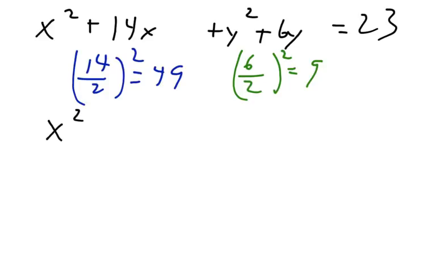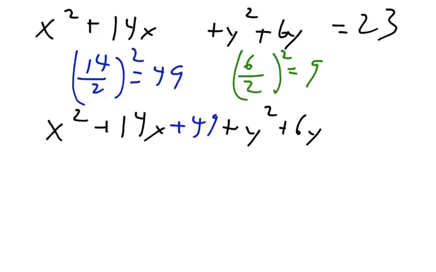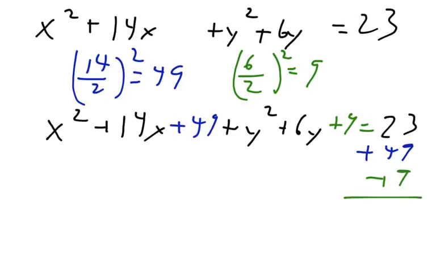So we got x squared plus 14x plus 49 plus y squared plus 6y plus 9. And whatever we do to one side, we have to do the other side. So we got 23 plus 49 plus 9. To total up to 81 on the right side.